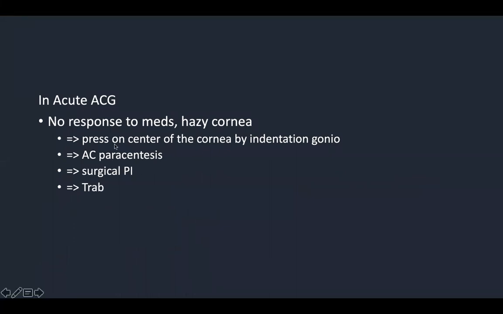Some mention AC paracentesis, or if the pressure was too high and you couldn't lower it by any means, you can take the patient for surgical treatment immediately after trying the medical treatments, even the systemic ones.